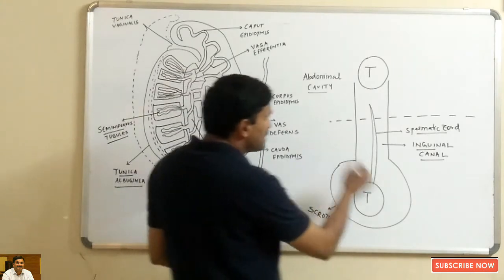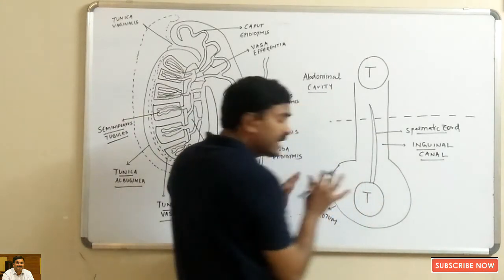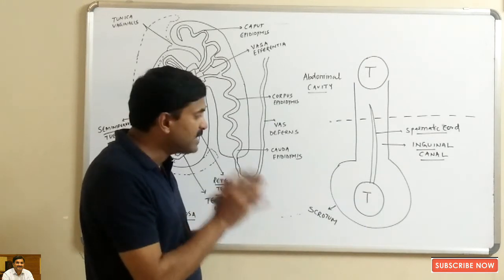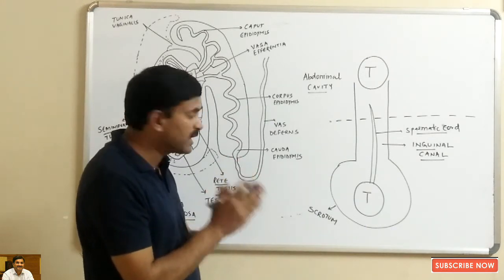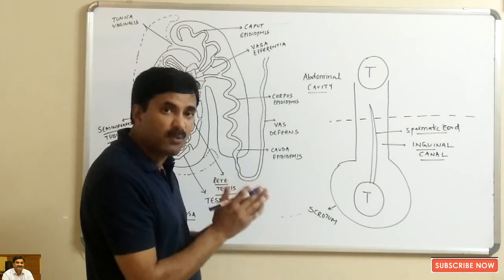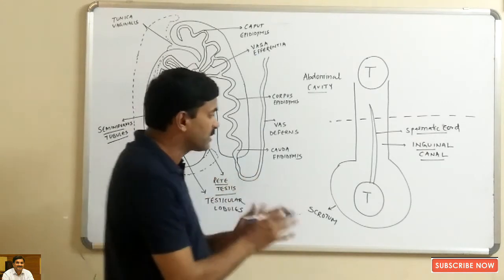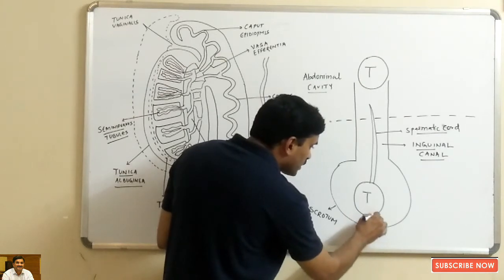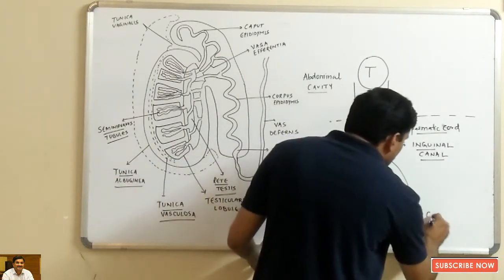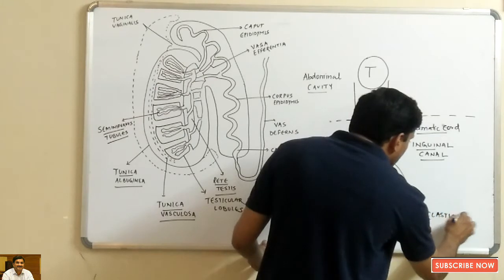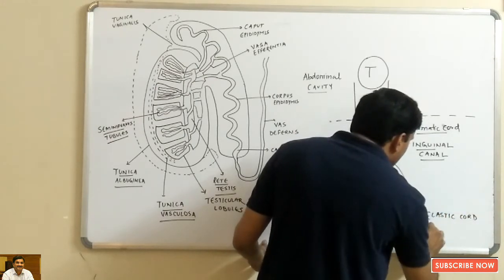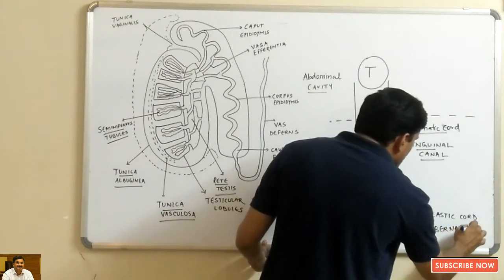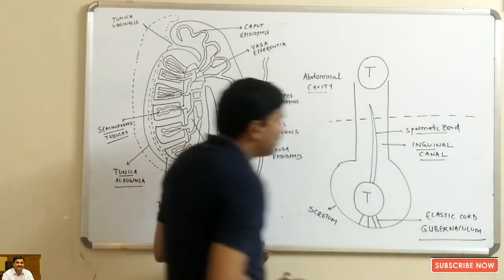Not only this, in the case of human males, after the 7th month of the embryonic development, the testes are permanently found in the scrotum sac, and they are attached to the scrotum with the help of an elastic cord, and this elastic cord is known as the gubernaculum.